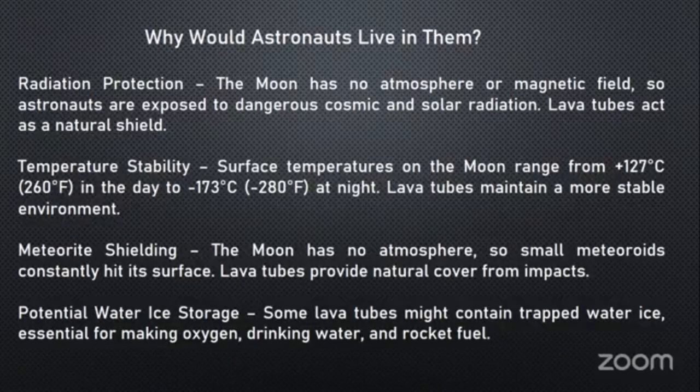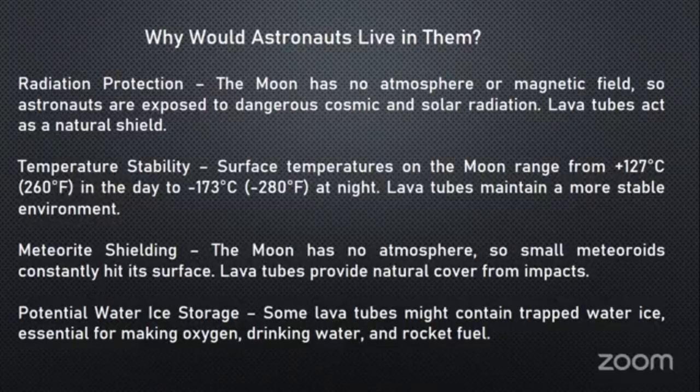How about meteorite shielding? The moon has no atmosphere, so small meteorites constantly hit the surface. Lava tubes provide natural cover from impact. Then, lava tubes contain water ice, which is essential for making oxygen.